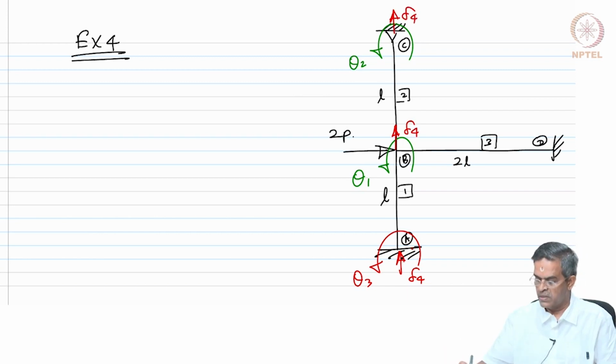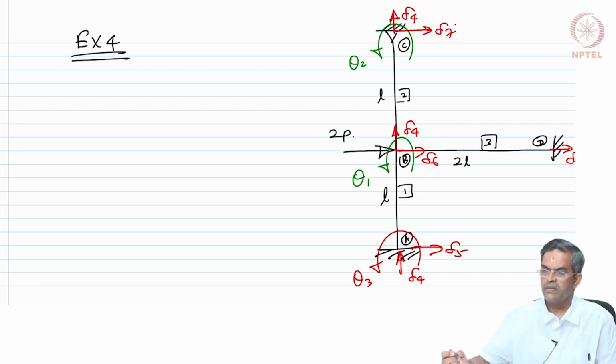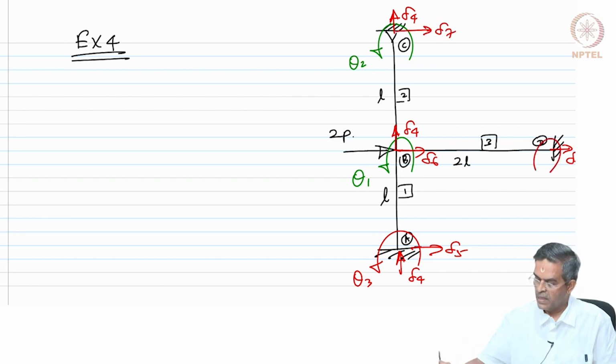And this is del 5, this is del 6, and therefore this is also del 6 because I am neglecting axial deformation. And this is del 7, this is theta 8, and this is del 9.